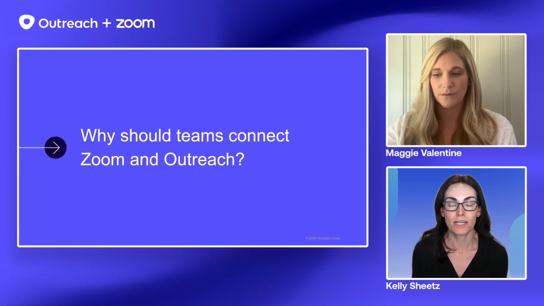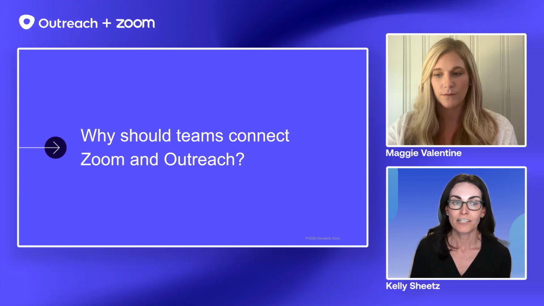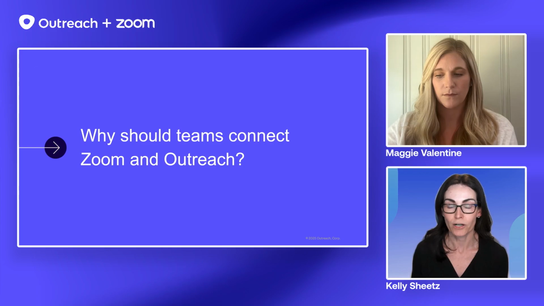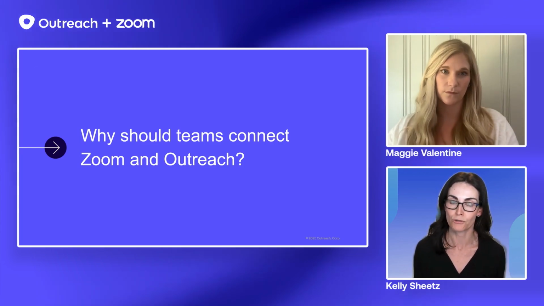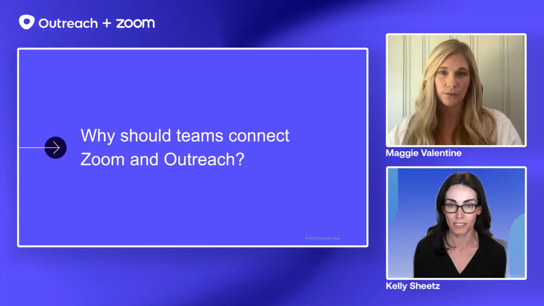So let's take, for example, that you are a Zoom Meetings customer, a Zoom Workplace customer, and you are an Outreach customer and you have Kaya as your conversational intelligence tool. By not connecting those two, you're losing productivity.